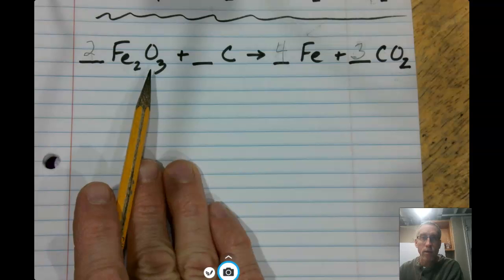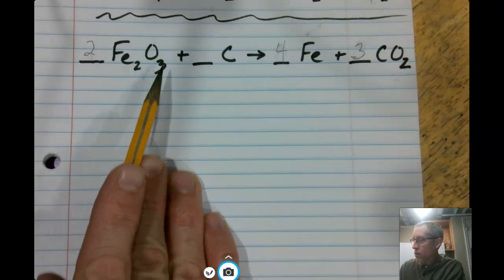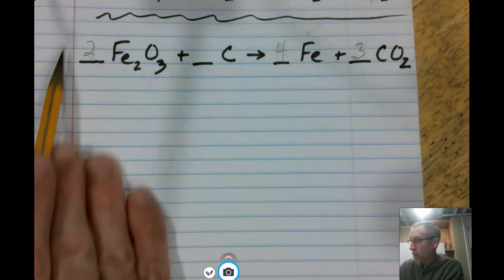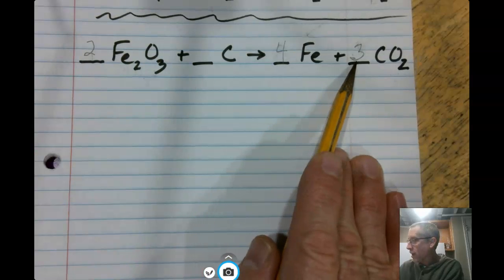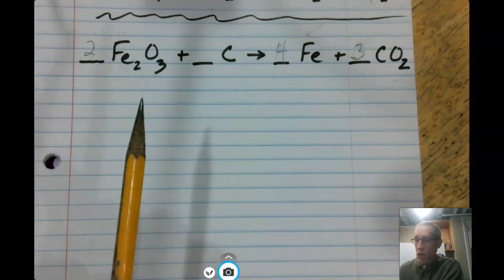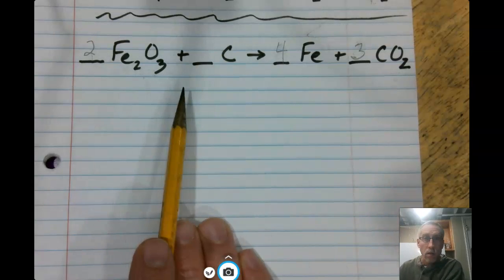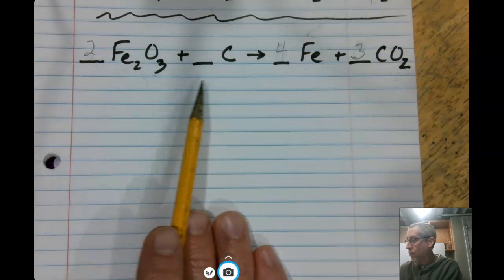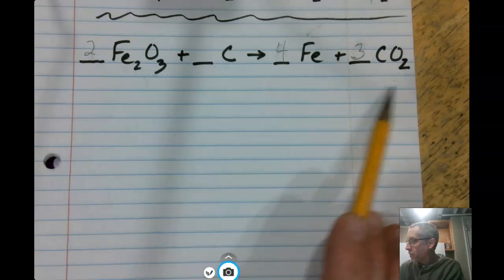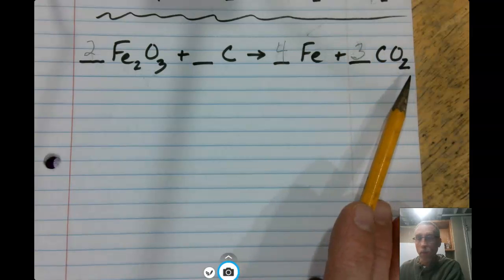Now I'm going to check my oxygens. I think they're still good, but let's make sure. I have 2 times 3, or 6 on this side, and I have 3 times 2, or 6 on that side. So we're good there. Now how about my carbons? Right now I haven't touched this coefficient, so there's only 1 atom represented there. But on the right side of the arrow, I have 3 of these carbon dioxide molecules.